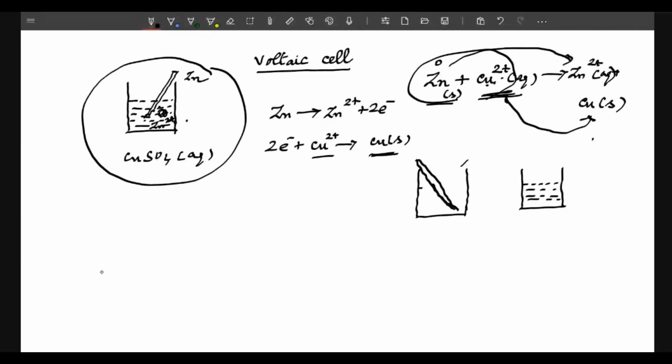This is the zinc rod in this, and this is the copper sulfate solution or copper 2+ solution. And how to send the electron from zinc to the copper sulfate solution?